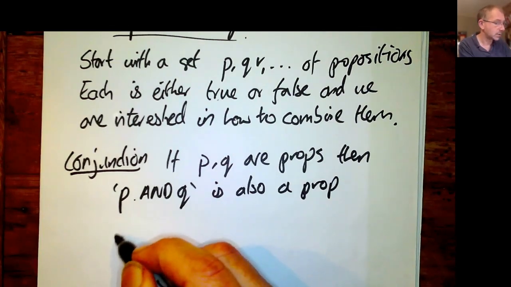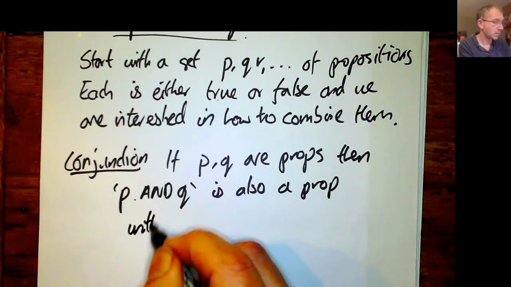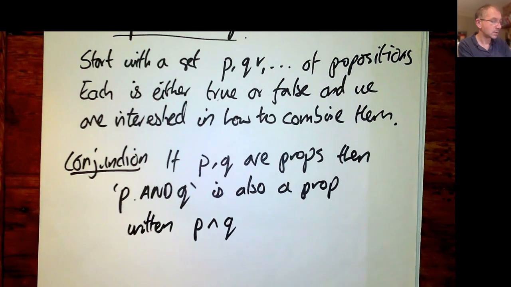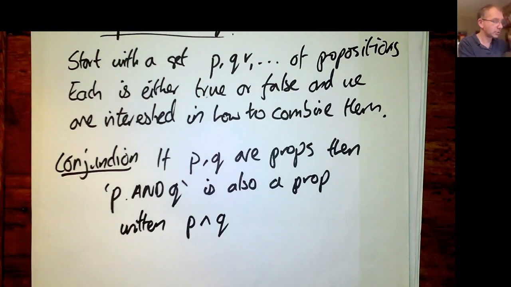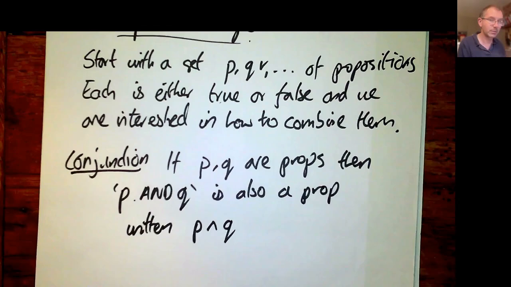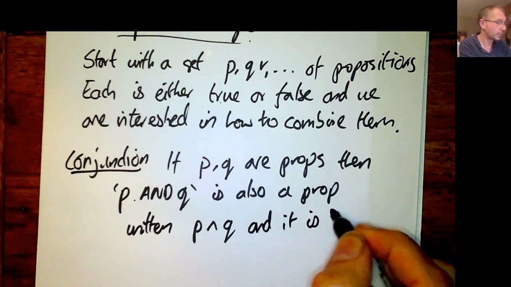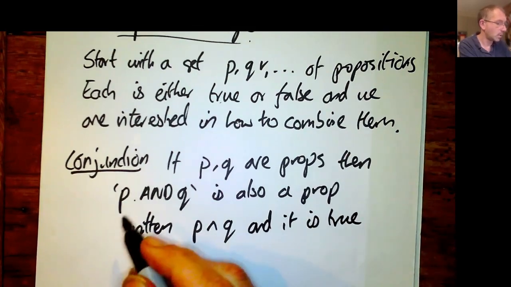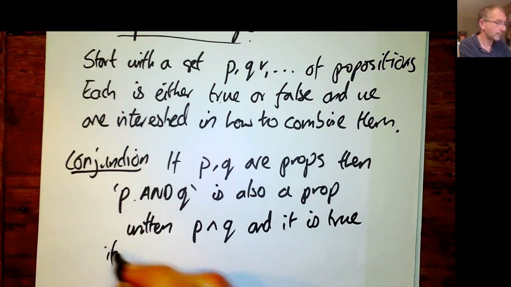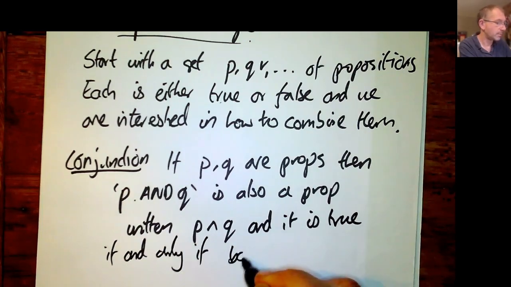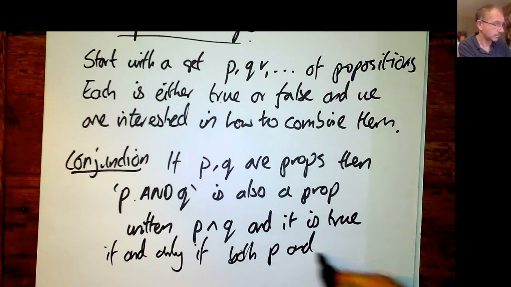We write it with a wedge, and the reason it's with a wedge is because it should look like intersection. You're intersecting the things that are true with the things that are true and looking at when they're both true. And it is true if and only if both P and Q are true.